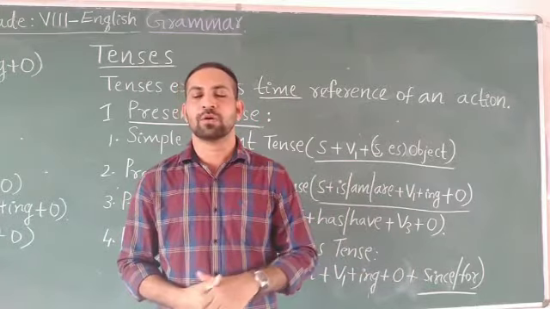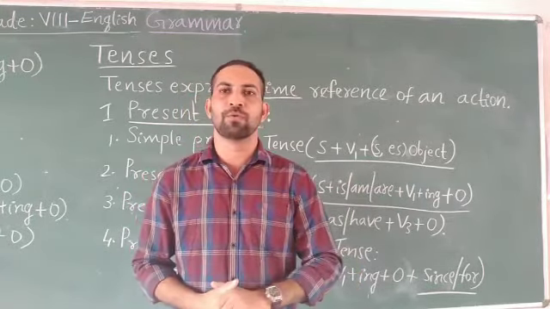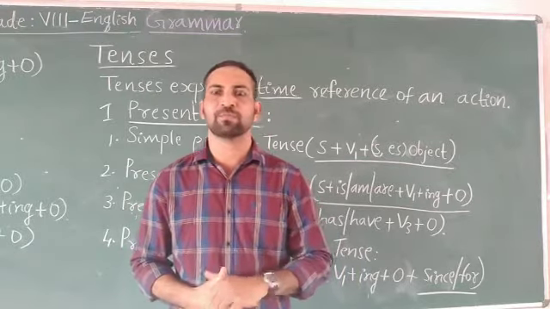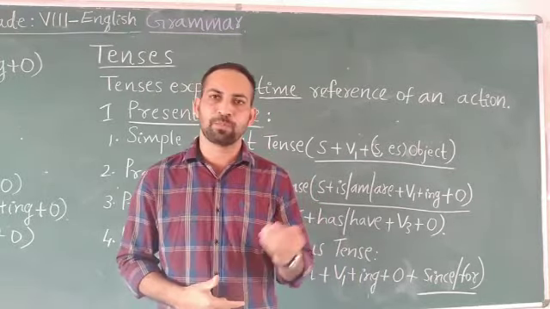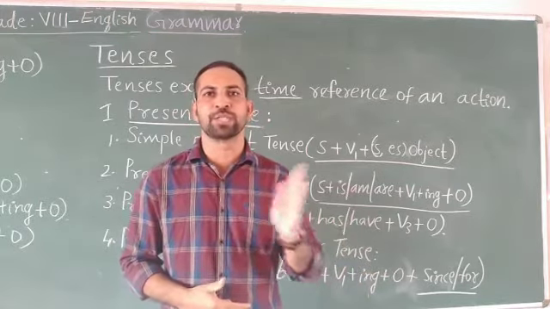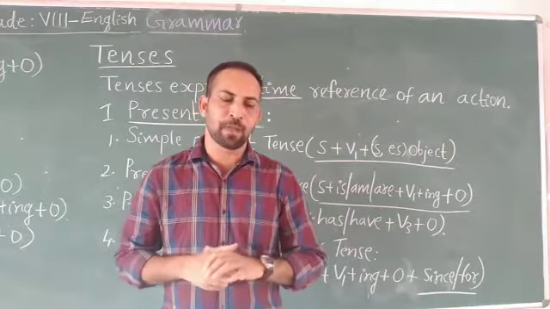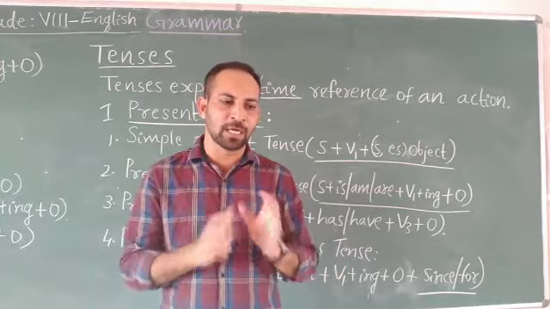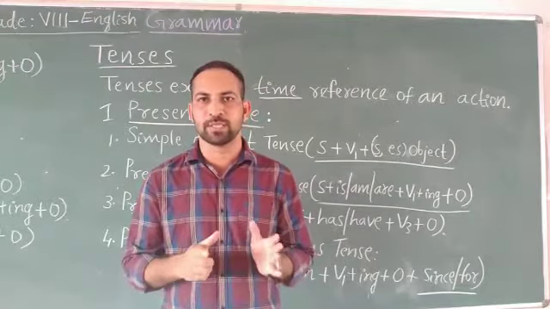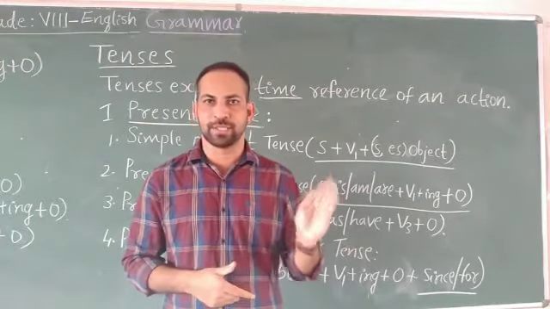Next, future tense: simple future tense, future continuous tense, future perfect tense, future perfect continuous tense. We have to study for understanding and learning each type of tense. We must know the rules of those tenses.